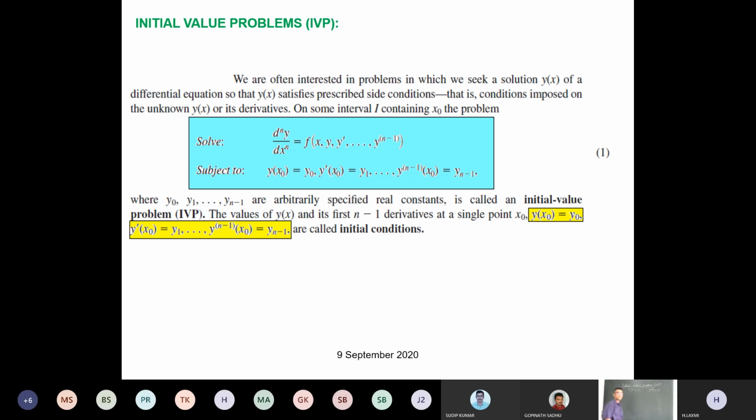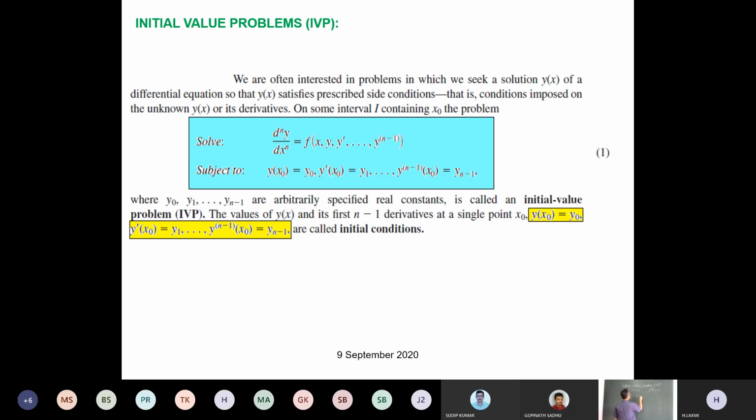But what I'm going to do here is explicitly express the nth order derivative in terms of the other arguments, so that I'll be able to impose the conditions associated with this differential equation. So rather than writing in this form, let us write it in this form, where y is the dependent variable and x of course is the independent variable.